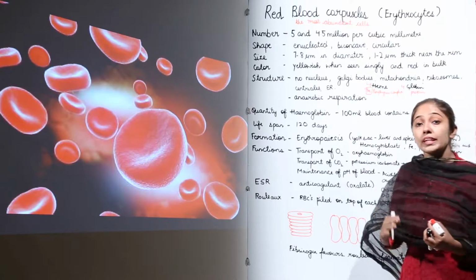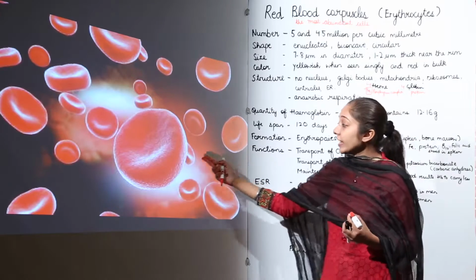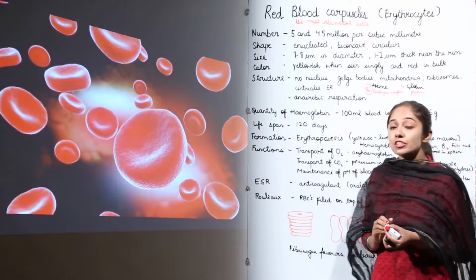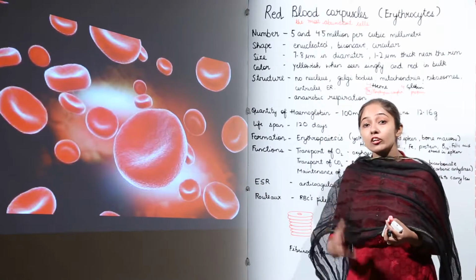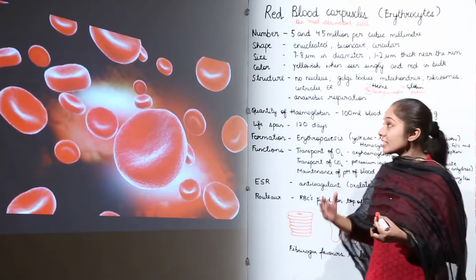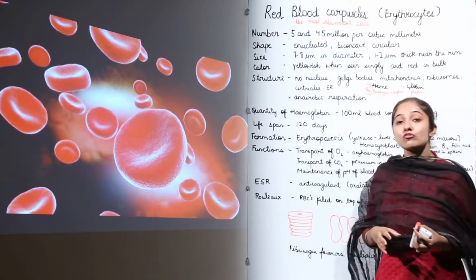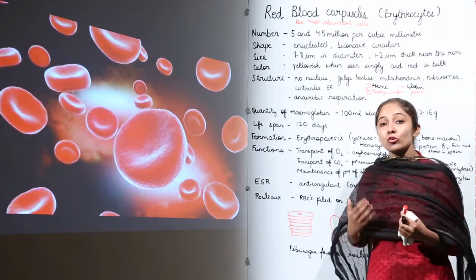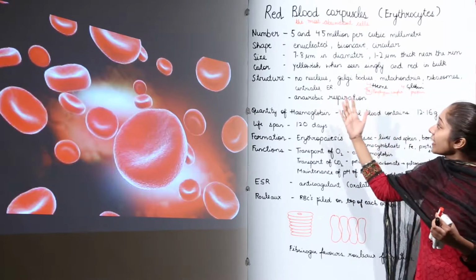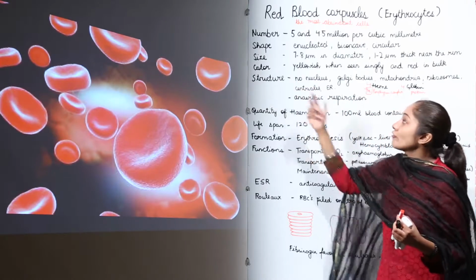This hemoglobin is the pigment which provides the red color to the RBCs, and it is the main pigment which carries or transports oxygen. Hemoglobin combines with oxygen to form oxyhemoglobin.